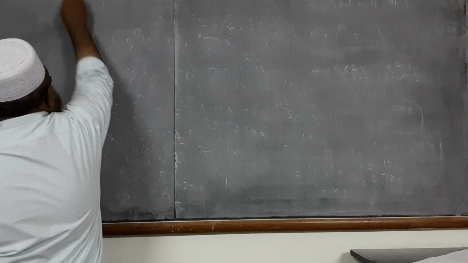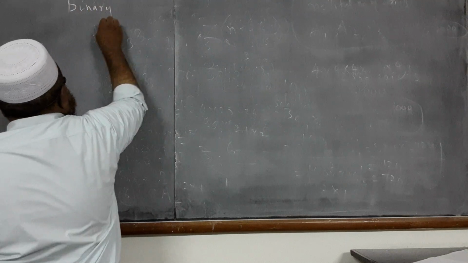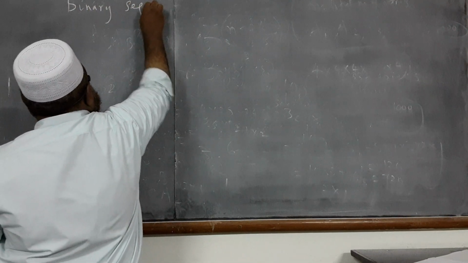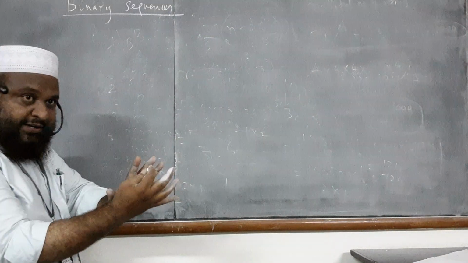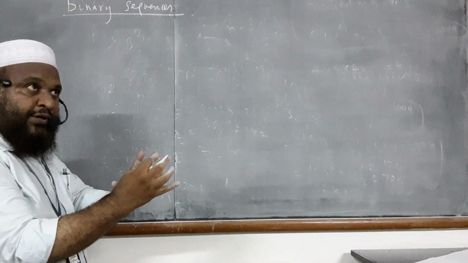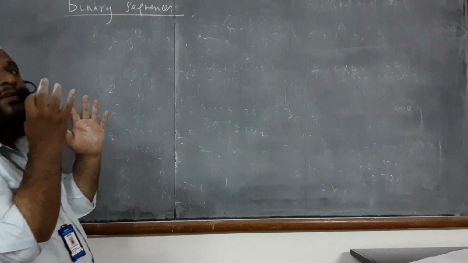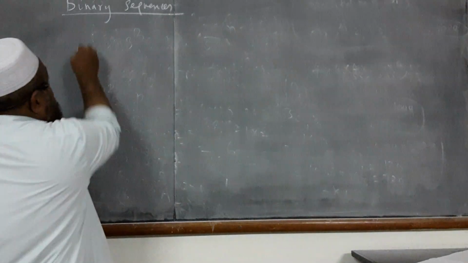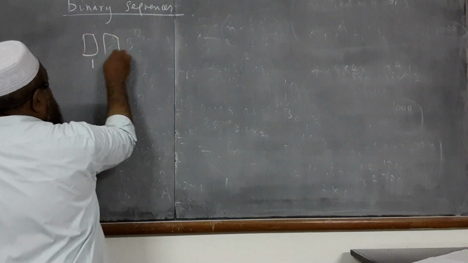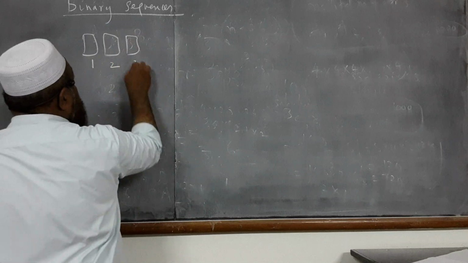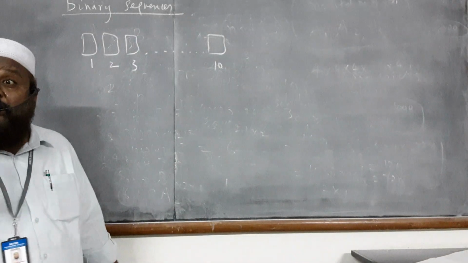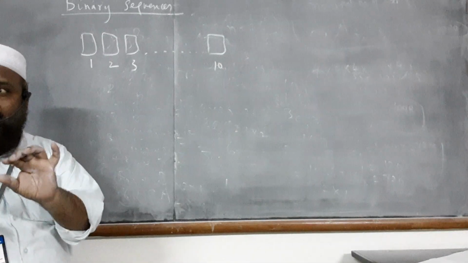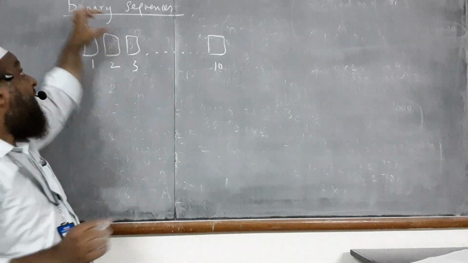Suppose I am talking about binary sequences. Let me limit to, for example, 10 places. 1, 2, 3, up to 10 places. Every box should be filled with either 0 or 1, binary.